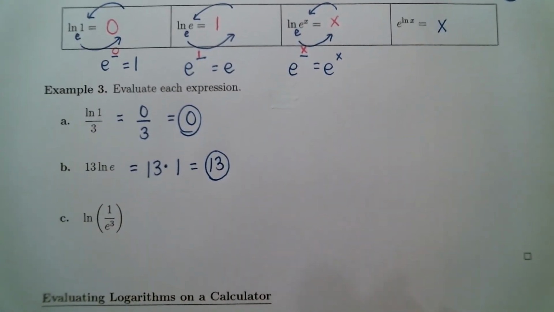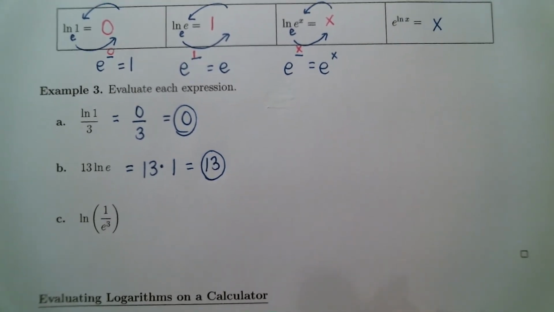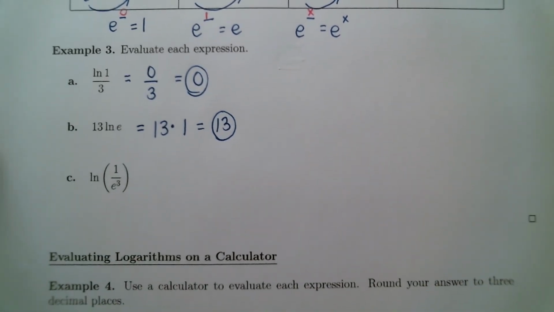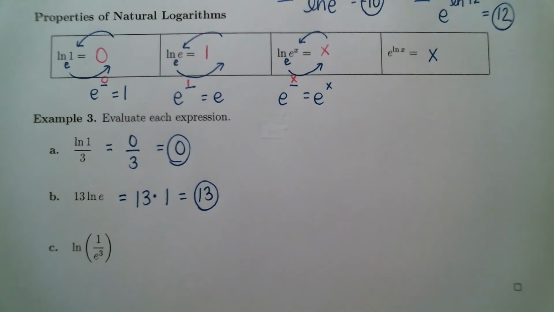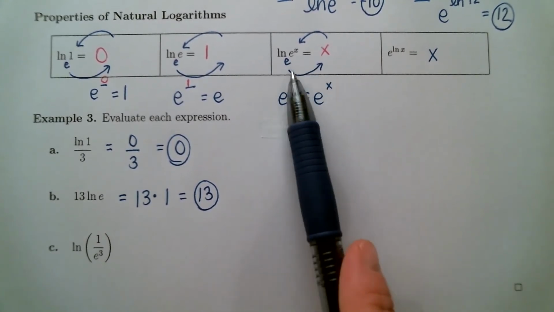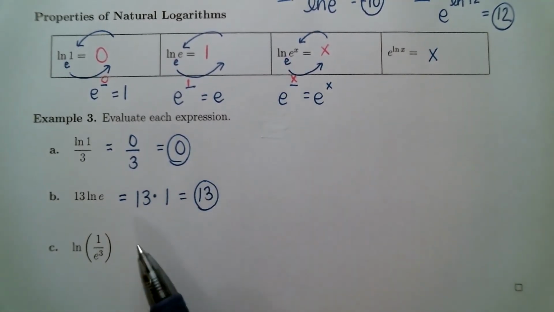All right, this last one, we have the natural log of a fraction here. Actually, the natural log of 1 over e to the third power. If you look at your properties above, it probably correlates most closely to this one. It's not quite exactly what we have.